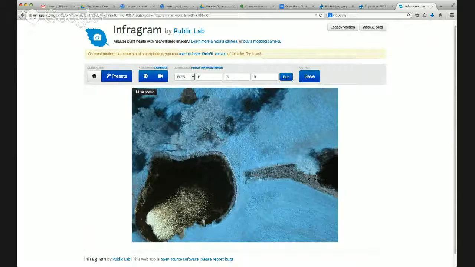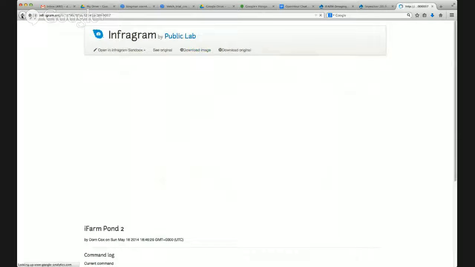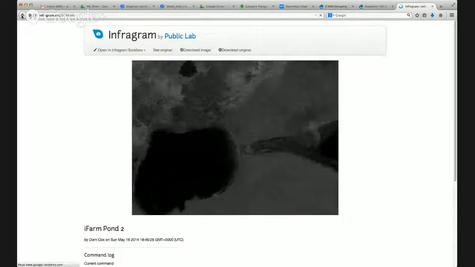Now, did you say you did this with your blue filter on? Is that why it looks like this? Blue? That's right. Yep. Okay. And I think I've got another one of the adjacent pond here. I have a question.